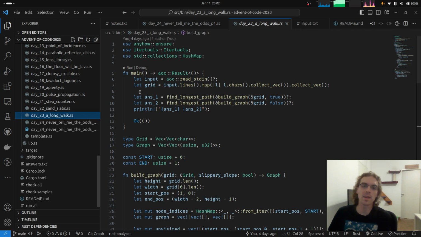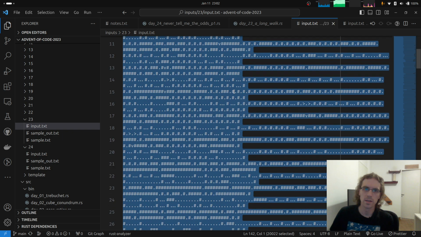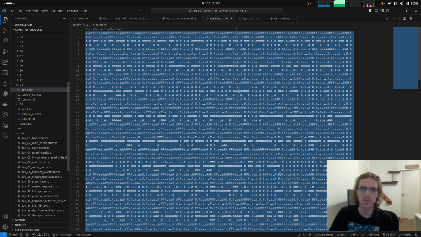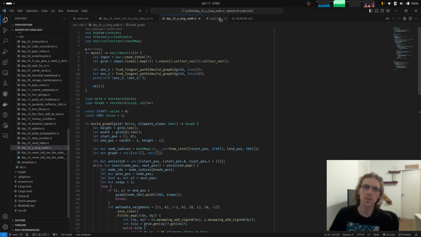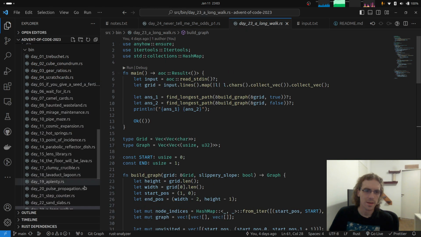This day looked like a 2D grid problem, but it was actually a graph traversal problem. The grid was like a maze, but this was kind of a disguise. It was actually a graph traversal problem.